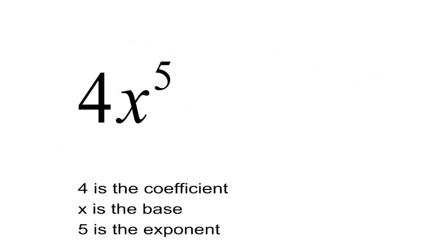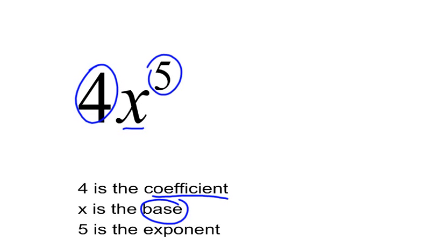The 4 is the coefficient. The x is called the base, and the 5 is the exponent. So we have the coefficient, the base, and the exponent. Okay, that's review from previous years.